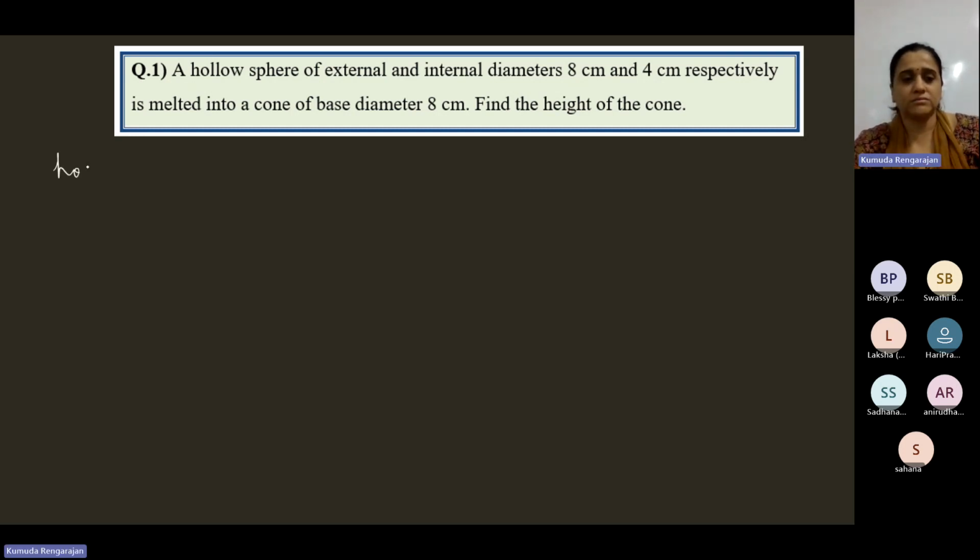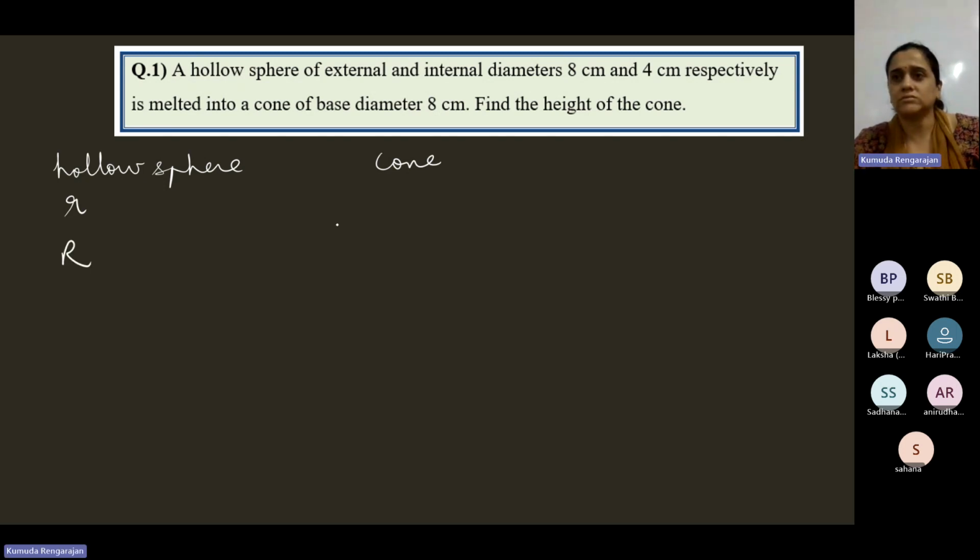Hollow sphere and cone. Okay. For the hollow sphere, what are the values you need? Internal radius. So you need the value of small r and capital R.